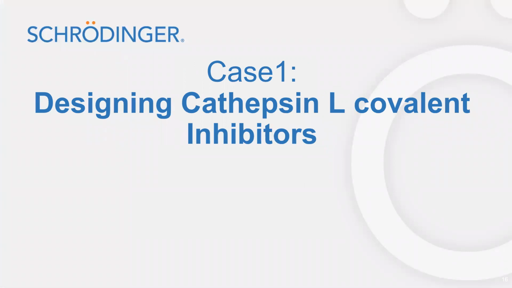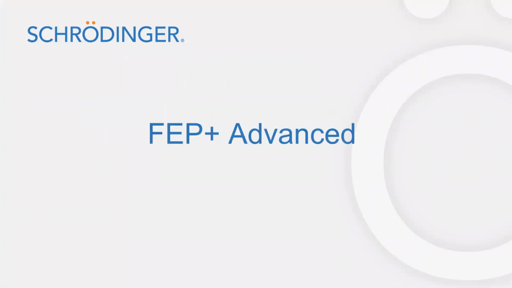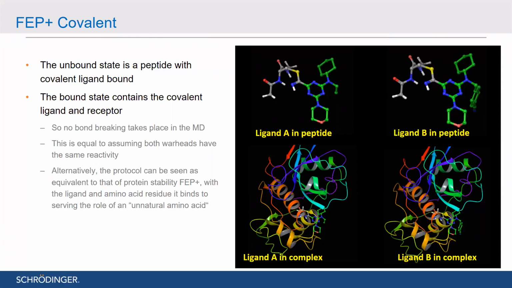That was the demo on cathepsin L covalent inhibitors and advanced options, as I said, in covalent inhibition design. If you want to rank order, you can use FEP Plus covalent inhibitors. The concept is it will take ligand A in peptide and ligand B in peptide, and then ligand A in complex, then ligand B in complex, and it will perform free energy perturbation.